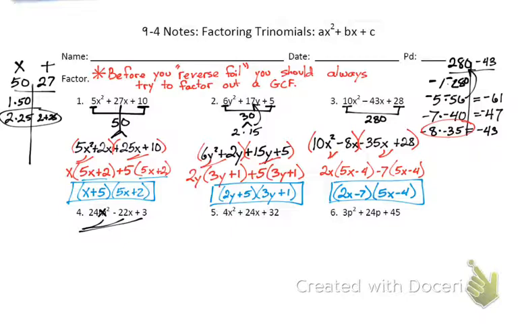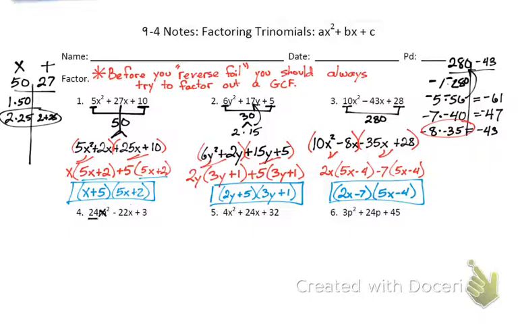So is there any GCF I can take out of all of these? And there's not in this case, because 24, negative 22, and 3, the greatest thing they have in common is a 1, and since the 3 does not have an x on it, there's no variables that they all have in common.